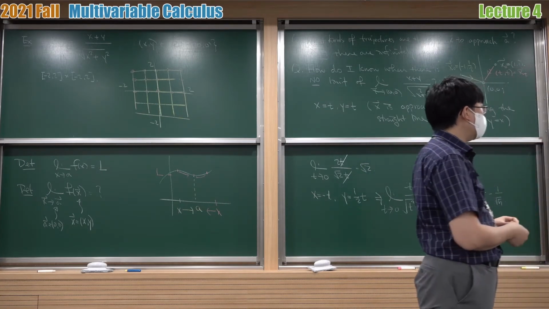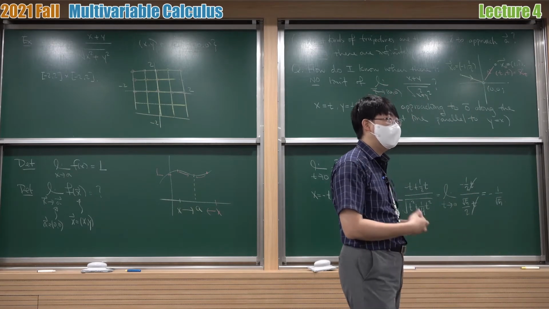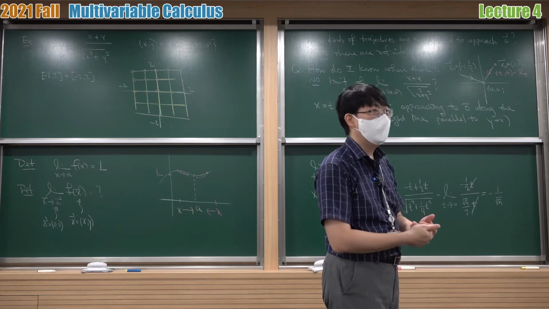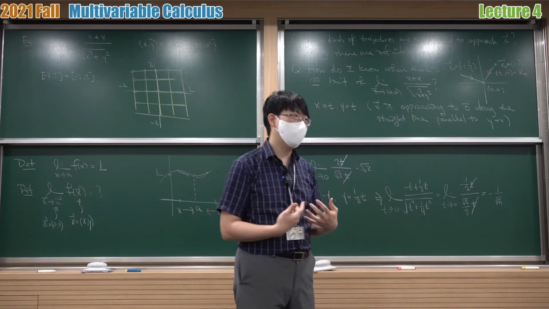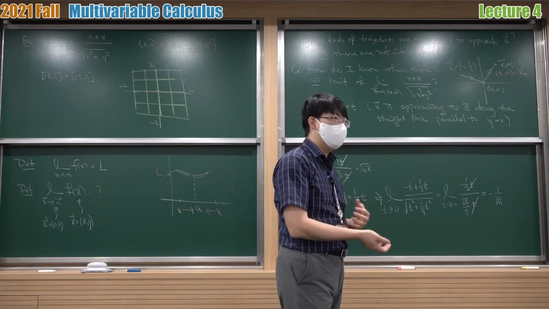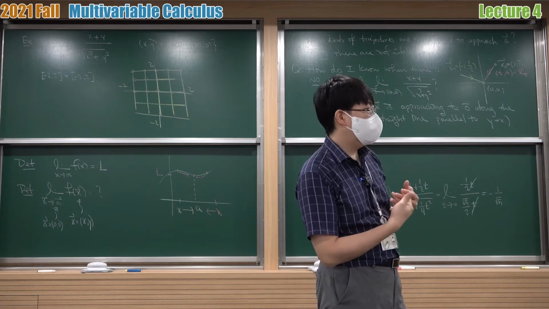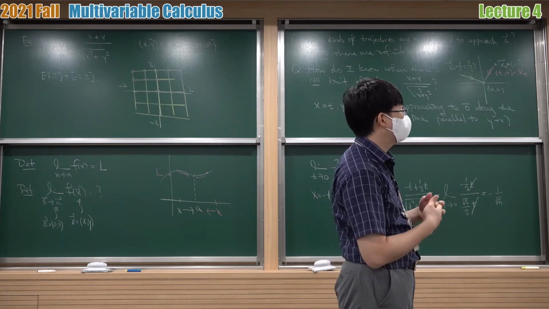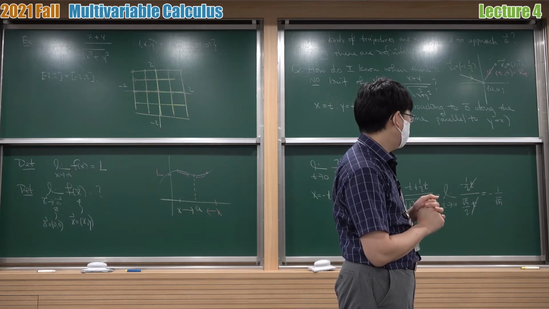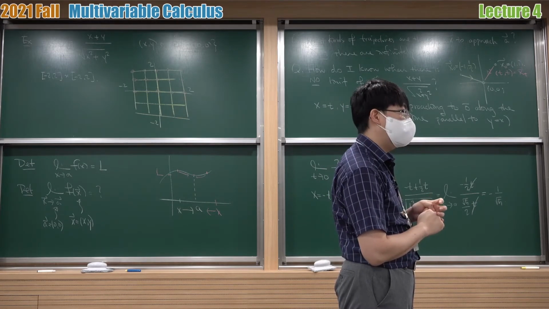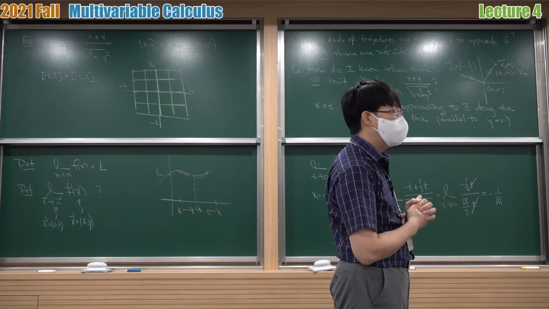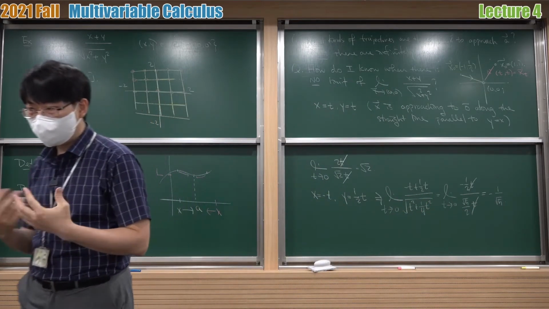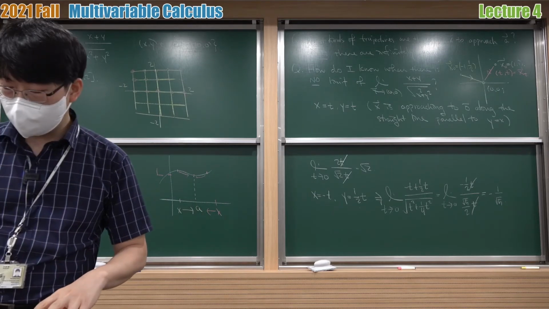So there's no need to prove some weird function is continuous or has a limit throughout this calculus course. If you're interested, you can take an analysis course, a mathematics course. I think it will be open next semester, I guess. It's a senior class, so go to that class to learn more about that.